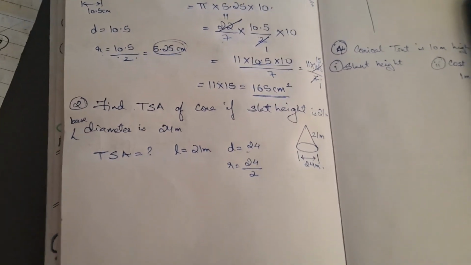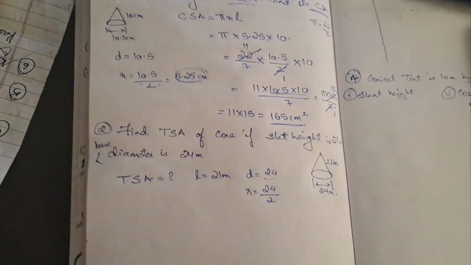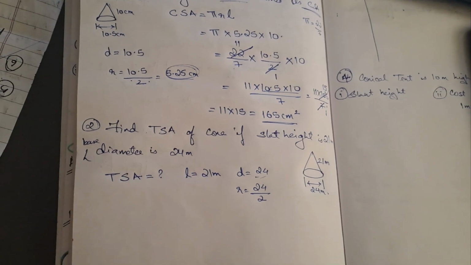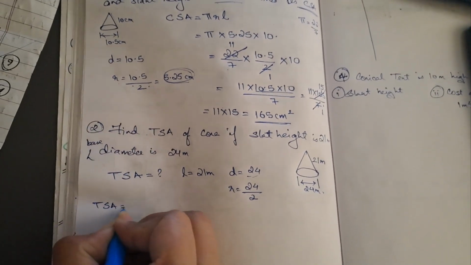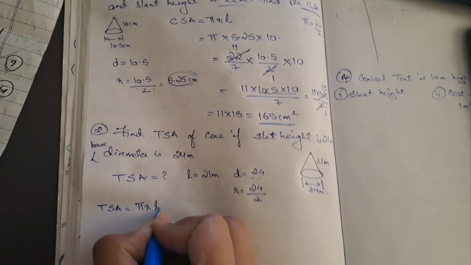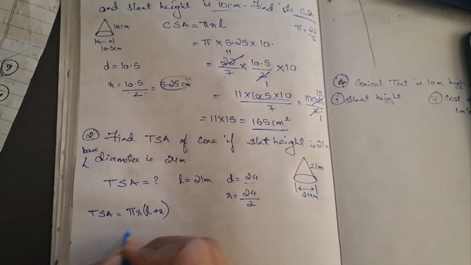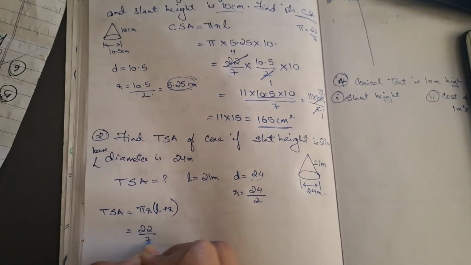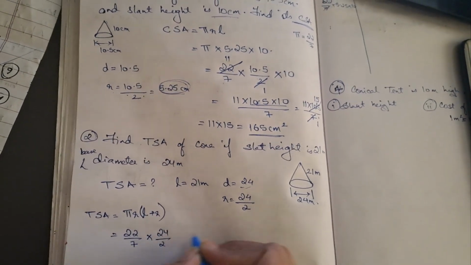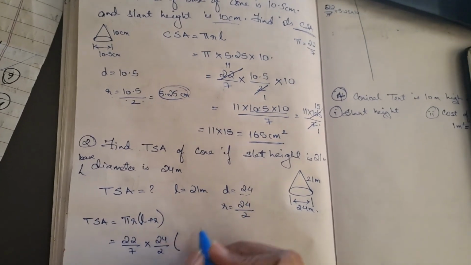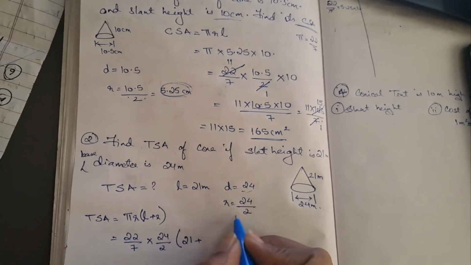Now I can take my values like this. TSA is equal to pi R times L plus R in the brackets. So pi is 22 by 7 times R, which is 24 by 2, times the L value, 21, plus the R value.